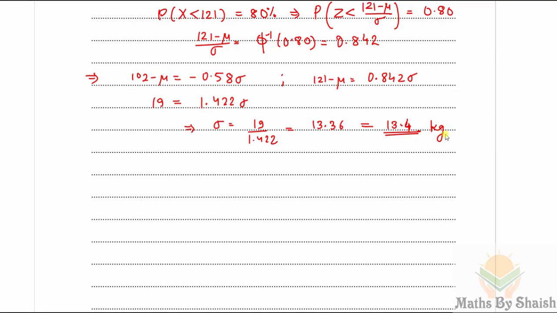So sigma, the standard deviation, is 13.4 kg, and for mu we'll replace it in any of the equations. I'll replace in the first one.